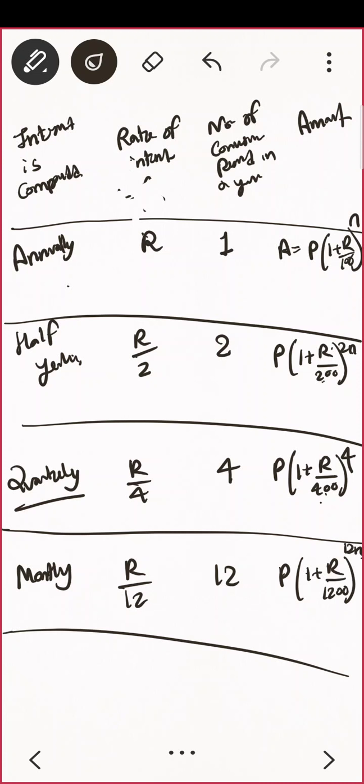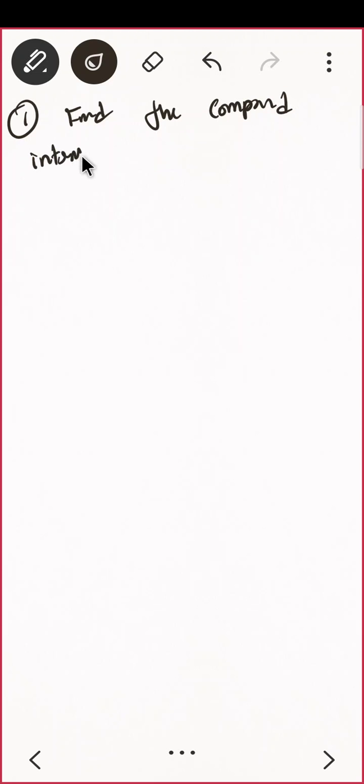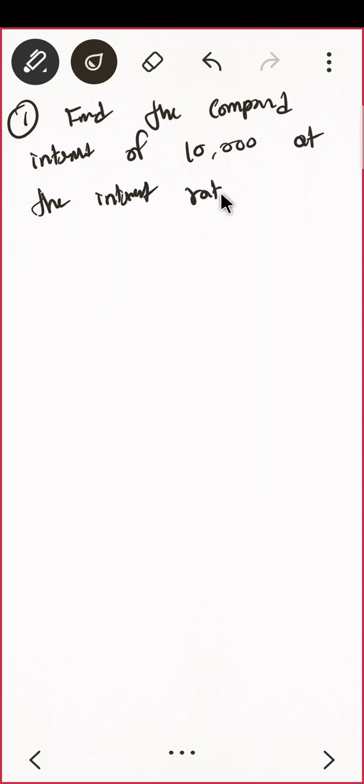Okay, so let us now see some example. Find the compound interest of 10,000 rupees at the interest rate 5% per annum for 3 years.